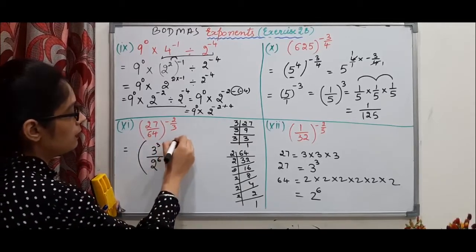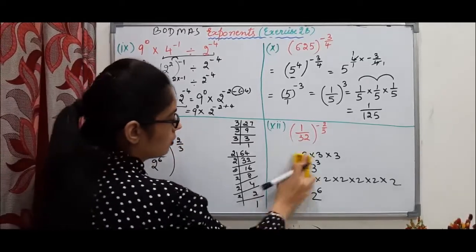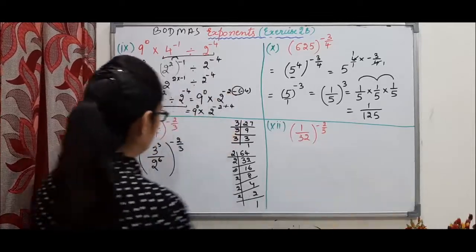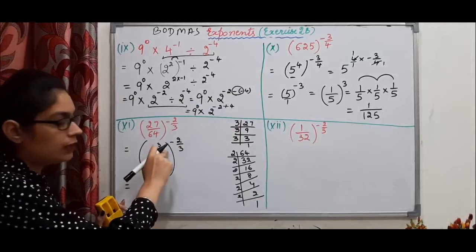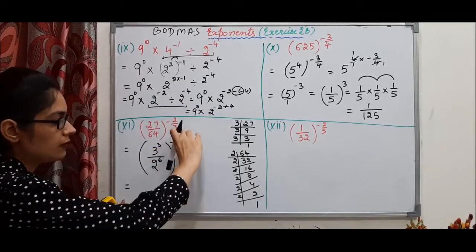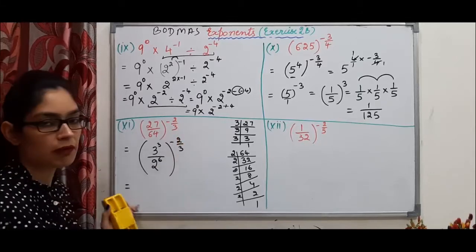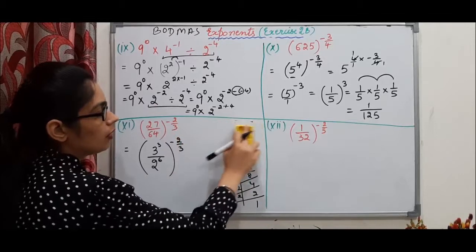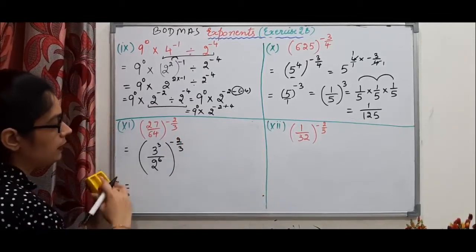Whole power minus 2 by 3. 3 to the power 3 also has this power minus 2 by 3, and 2 to the power 6 also has this power minus 2 by 3. So whenever the power is written on a bracket, it means whole power.